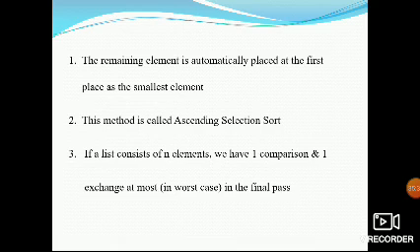If a list consists of n elements, we have one comparison and one exchange at most in the final pass, in the worst case. The name itself, selection, tells it: we have to select only one, which is the smallest element.